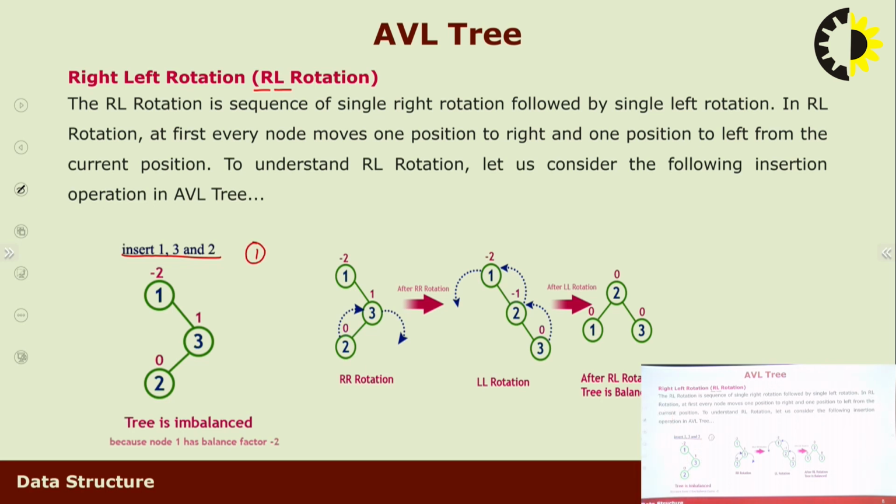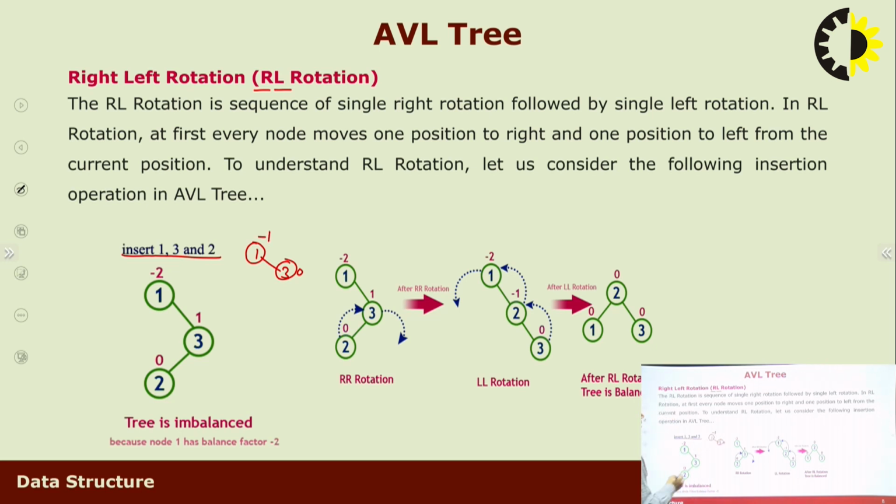Then we have to insert 3. We will compare 3 with 1. Then it will come at the right side of 1, according to the binary search tree property. Then we have to check the balancing factor. The tree is still balanced, because the balancing factor is 0 minus 1, that is minus 1.